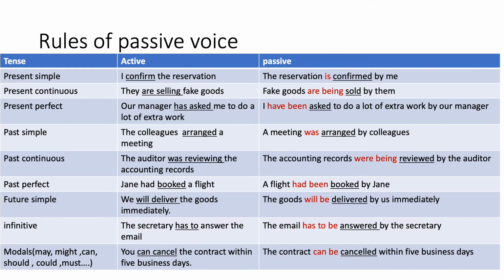And we have modal verbs, like may, might, can, should, could, must, etc. All these are modals, and modals follow the same rule when we transform them from active to passive. Here you have an example with can.